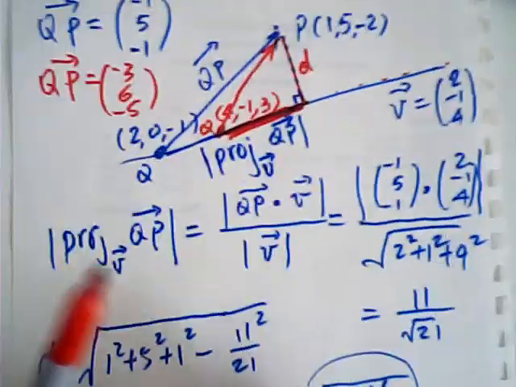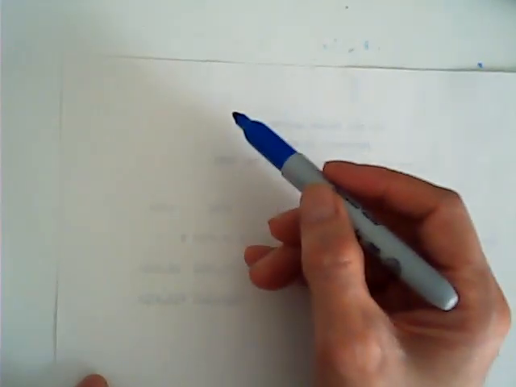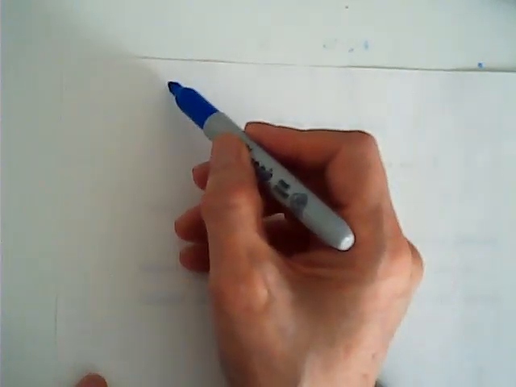Okay. Let me do another example, which is the distance between skew lines. This is maybe a difficult question for many students in learning the vectors.